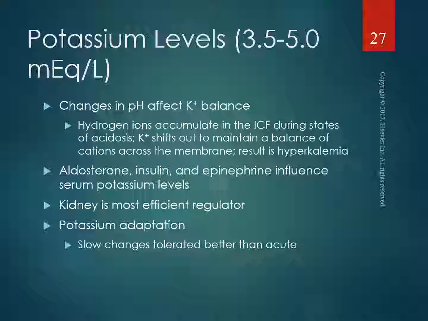Insulin helps regulate plasma potassium levels by stimulating the sodium-potassium ATPase pump, thus promoting the movement of potassium into liver and muscle cells, particularly after eating. Insulin can be used to treat hyperkalemia.